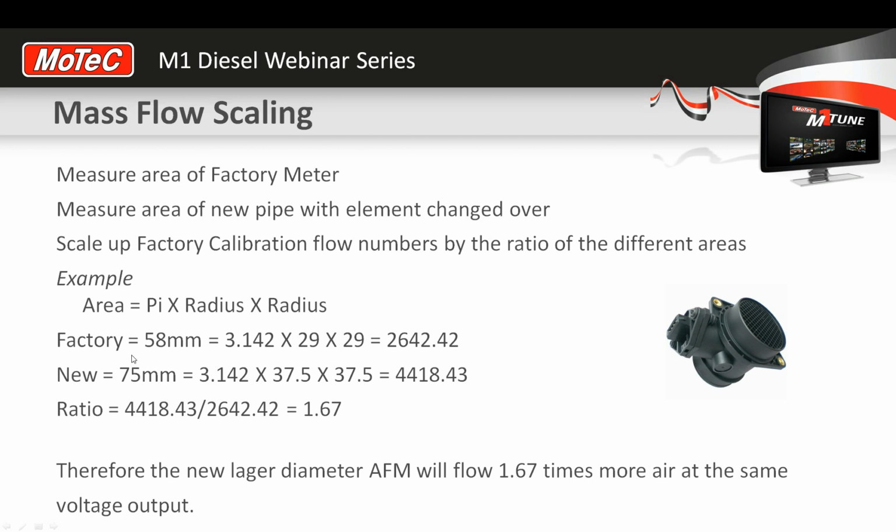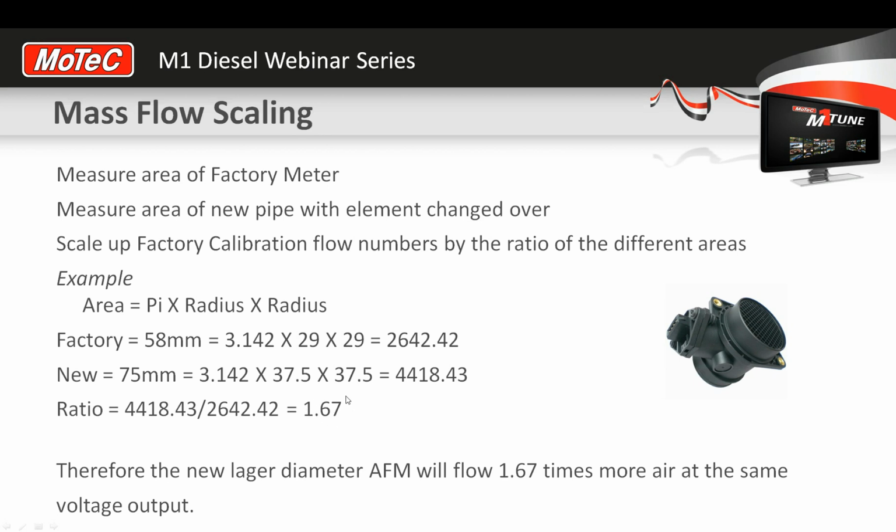If we, for example, want to grab a piece of 3-inch aluminium pipe and drop my element in there, that's 75 millimeters on the inside. The area calculation for that pipe, pi times radius squared, is 4,418 square millimeters, and if we divide one into the other, we get a percentage of how much larger the area of our new manufactured airflow meter is going to be.